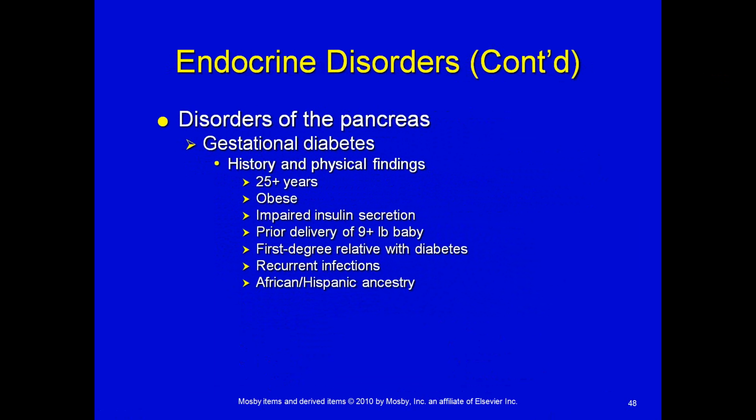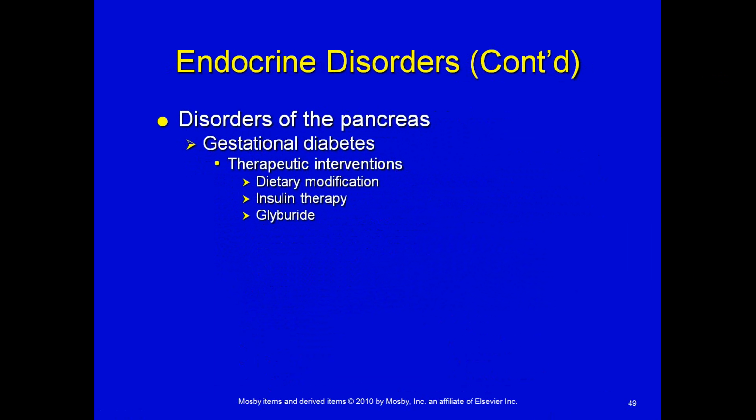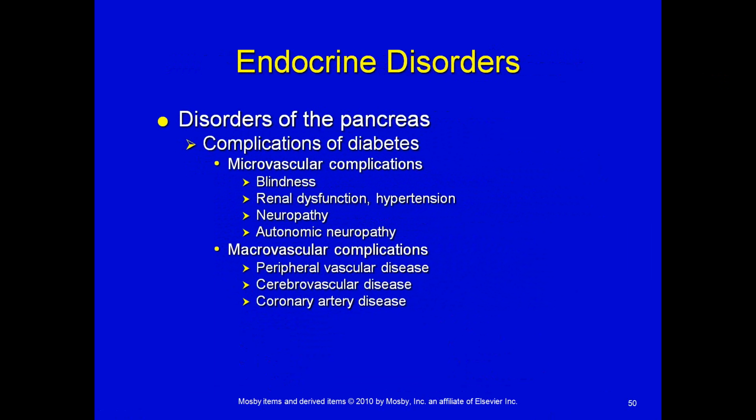If they have a first-degree relative that has a history of diabetes, if they have recurring infections, and those of African American and Hispanic ancestry, those African Americans or Hispanics are at greater risk of developing gestational diabetes. Treatment would be dietary modification and insulin therapy, as well as perhaps an oral hypoglycemic to help keep their blood sugars low.